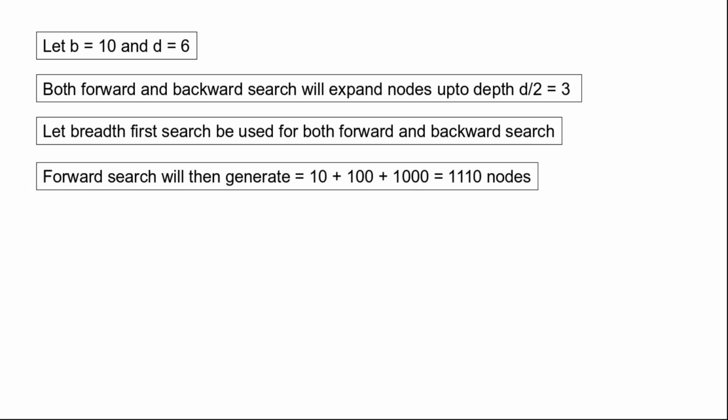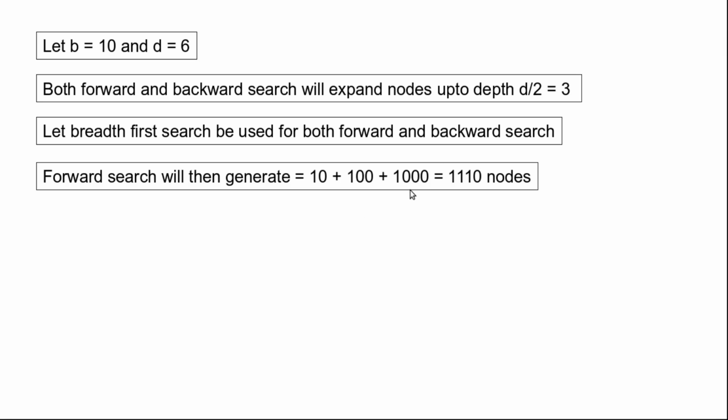If so, then forward search will generate 10 plus 100 plus 1000, which is 1110 nodes. Why so? Because we go up to depth 3. In depth 1, there will be 10 nodes because the branching factor is 10. In depth 2, the total number of nodes will be 100, that's 10 into 10.